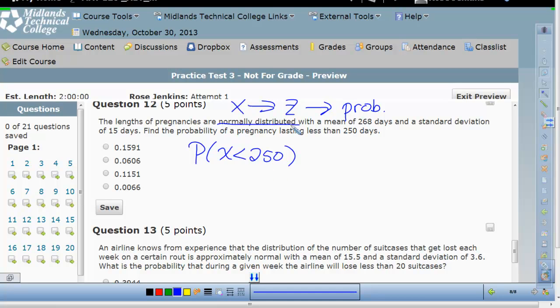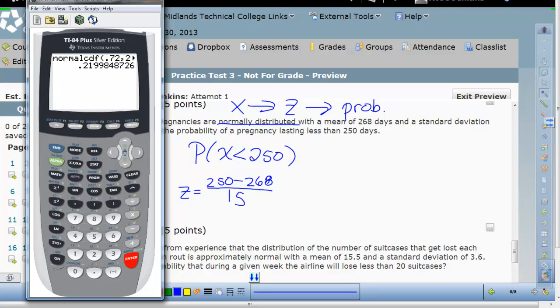I can do that because they've already told me this is normally distributed. So my z value is 250 minus the mean of 268, divided by 15. Okay, very good.